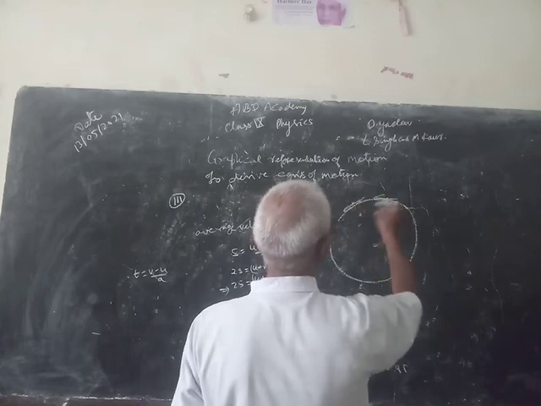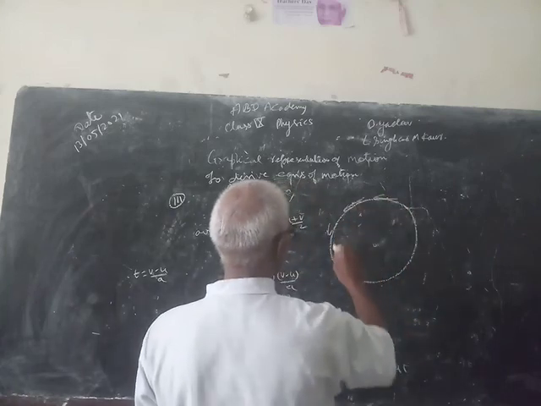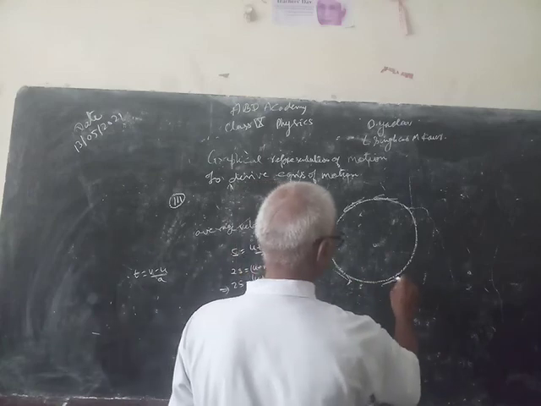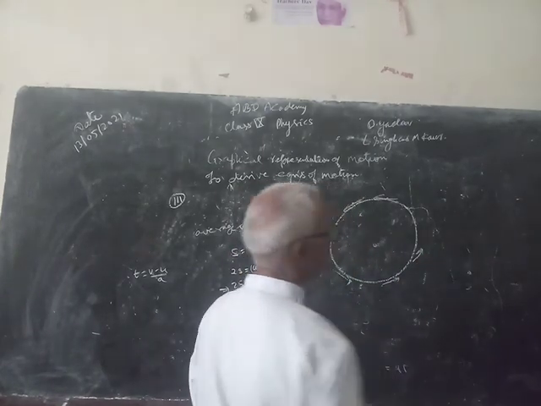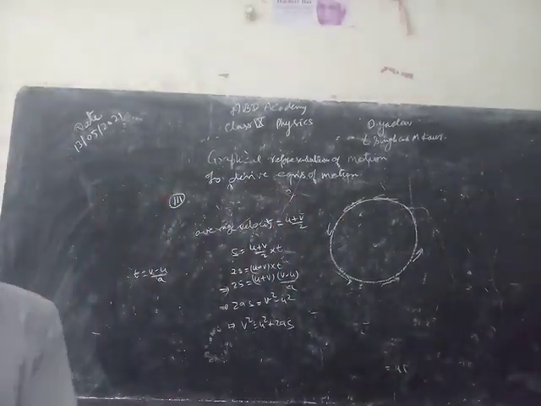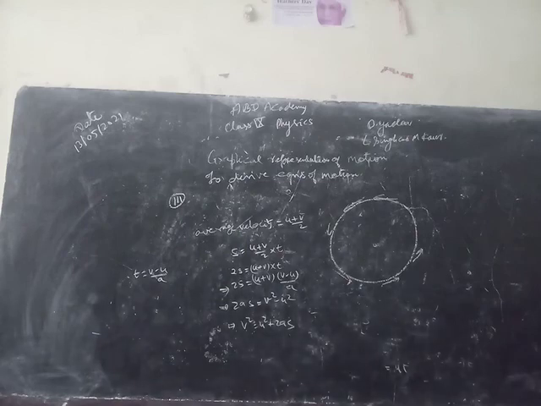In this way, the direction of motion continuously changes, so velocity is changing irrespective of the constant speed. So in a circular motion, due to the change in direction of motion, the velocity of the body continuously changes.